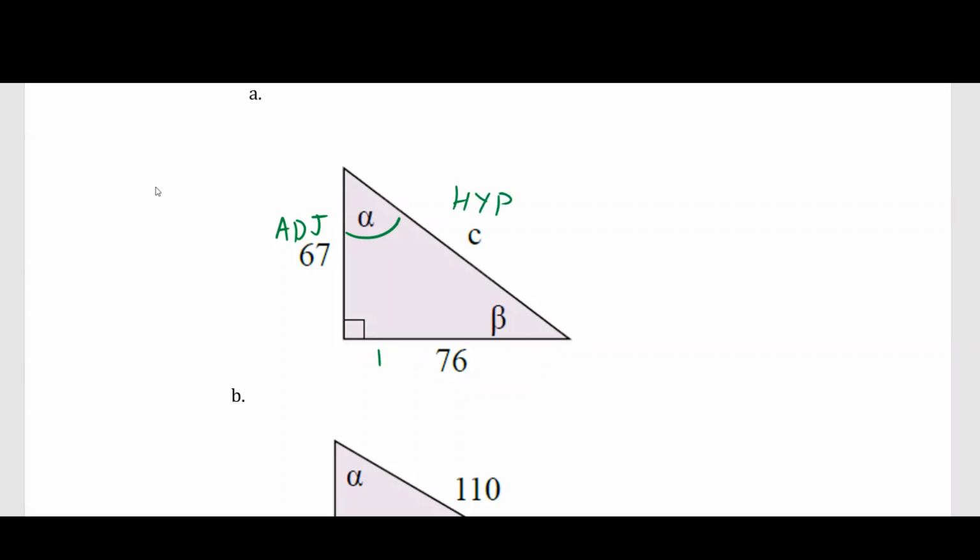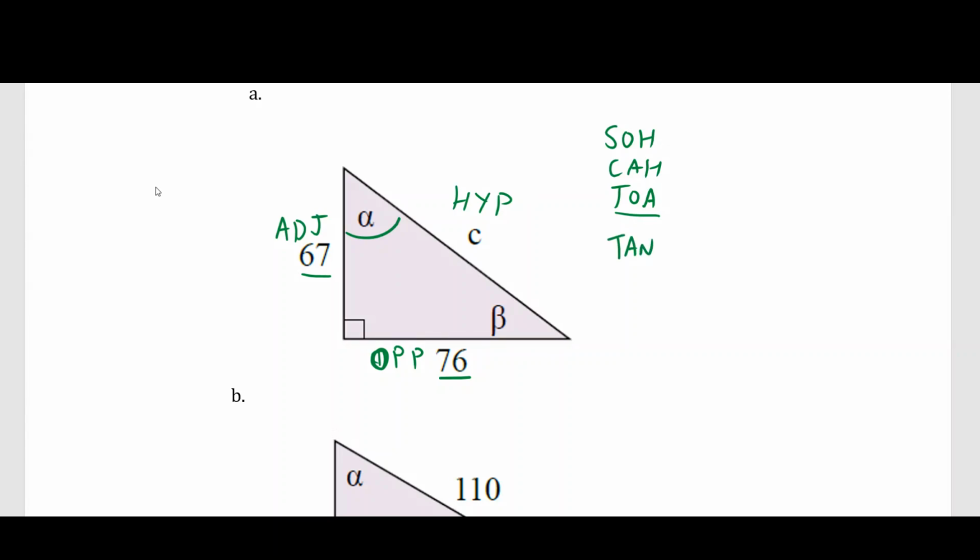And this side here, the opposite, it's away from the angle, so it's the opposite. Okay, so we've got to use SOHCAHTOA again. SOHCAHTOA. And look, I've got a 76 and a 67, meaning I can solve it using tan, because tan is opposite and adjacent. So that's what I've got.